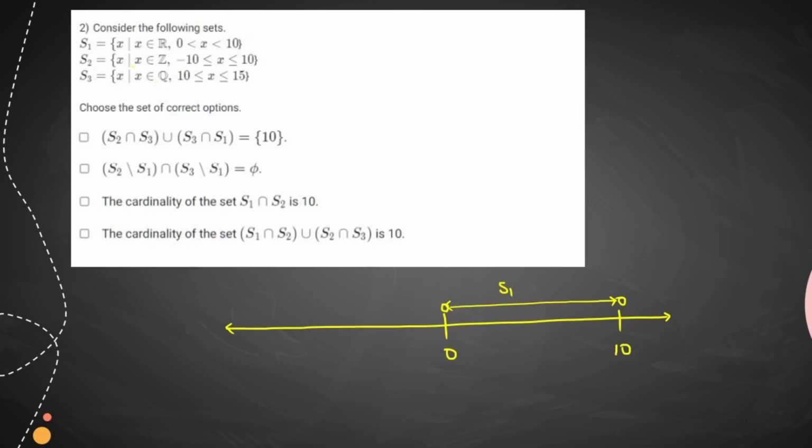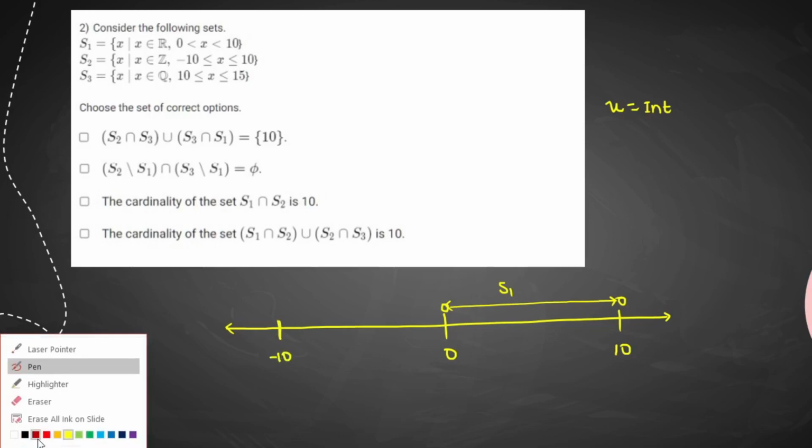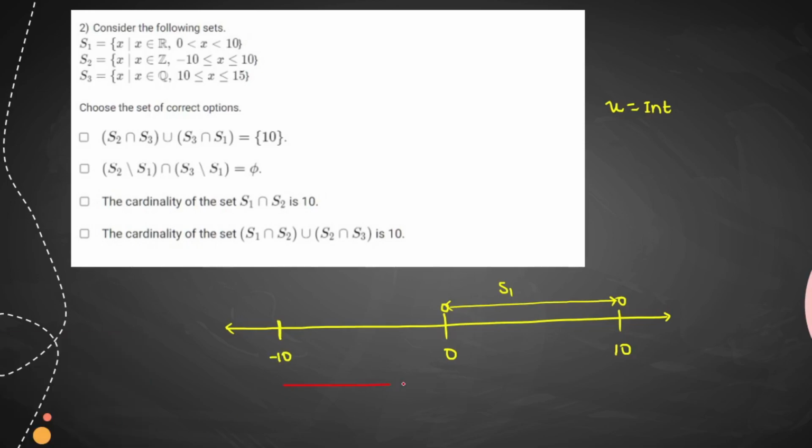S2 is such that x belongs to Z, so x is an integer and it is from minus 10 to plus 10. It includes both minus 10 and plus 10, so minus 9, minus 8, similarly 9, 8.